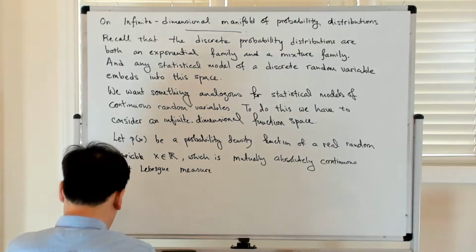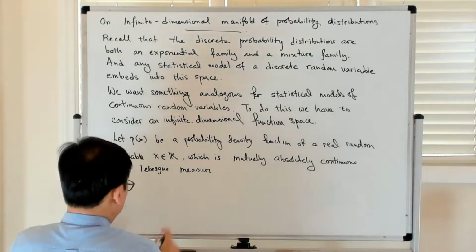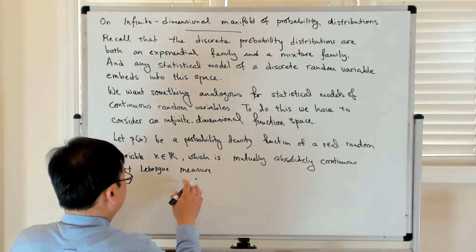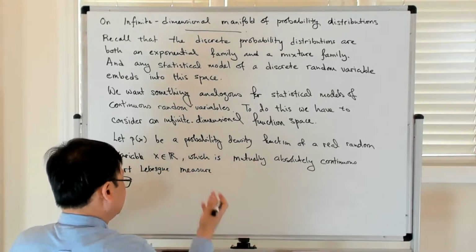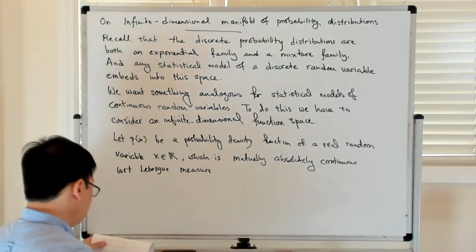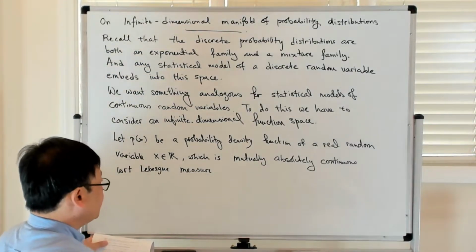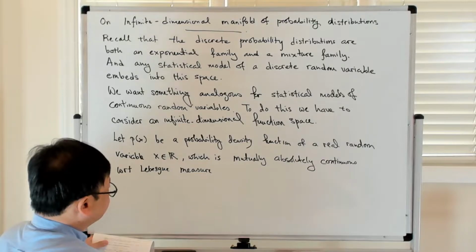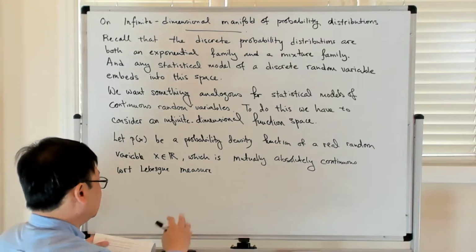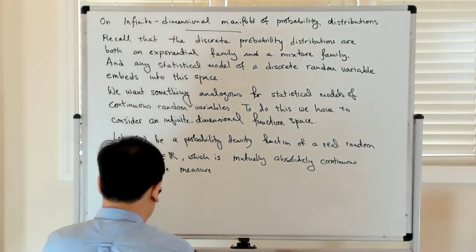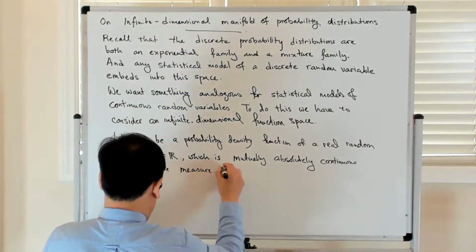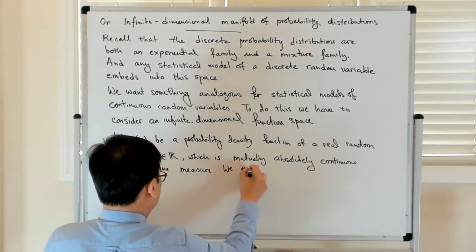Okay. And sometimes it may be better to write the probability density function in terms of a different measure, for example, Gaussian measure. But for now, let's just consider what happens if it's Lebesgue measure. Okay. So we put the following.